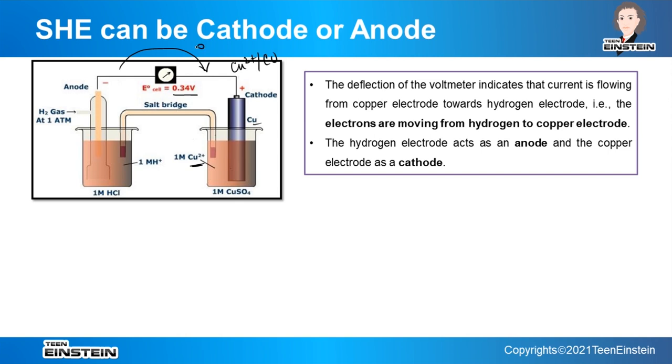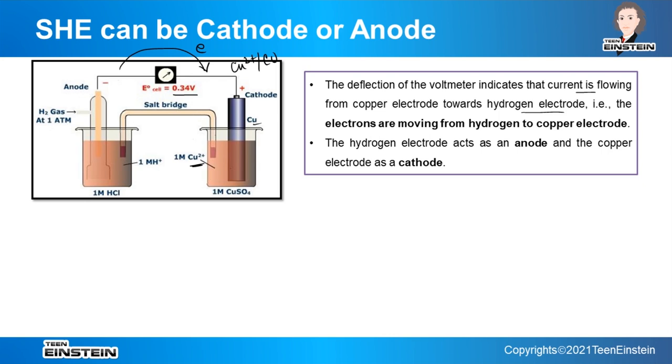So now the electron movement is from SHE. In the previous case it was reaching towards SHE, but now it is from SHE. That means SHE is supplying electrons. The deflection of the voltmeter indicates that current is flowing from the copper electrode towards the hydrogen electrode, because the electrons go from SHE to the copper electrode.